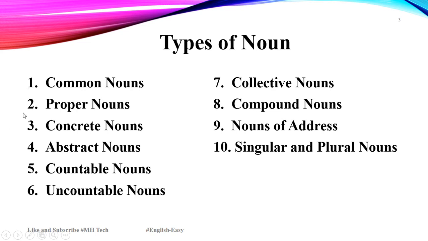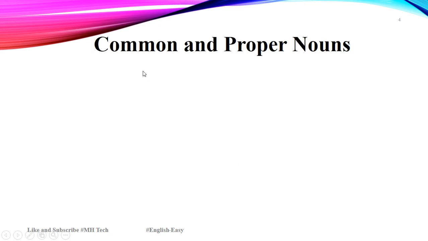I will study these six in the first part of the video, and in the next video, part 2, we will study all the remaining parts: collective nouns, compound nouns, nouns of address, singular and plural nouns. Keep going. Here we have common and proper nouns.